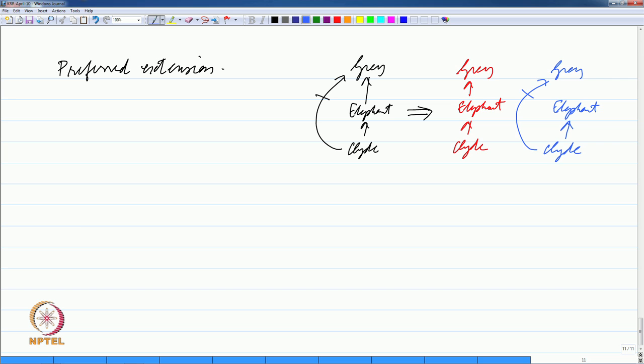These credulous extensions are with respect to a given individual. So, we are talking only with respect to Clyde. So, in some sense the second extension, which is the one in blue, says that elephants are not gray, because we know that Clyde is not gray in some sense. The first extension, which is in the red, says elephants are gray, but of course, it forgets the fact that Clyde is not gray. In fact, we have removed it from this thing essentially.